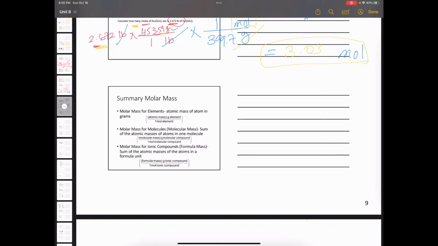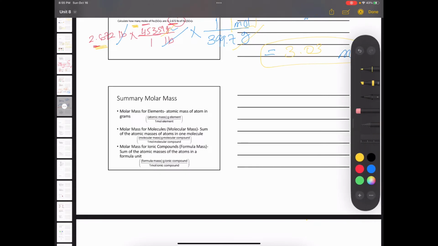Okay, so let's summarize everything for the molar mass. First, before we got into talking about the molecular mass and the formula mass, we talked about the atomic mass, which is the number that we get from the periodic table. The molar mass of the element is basically the atomic mass in grams of that atom. So we're talking about carbon, hydrogen, oxygen.